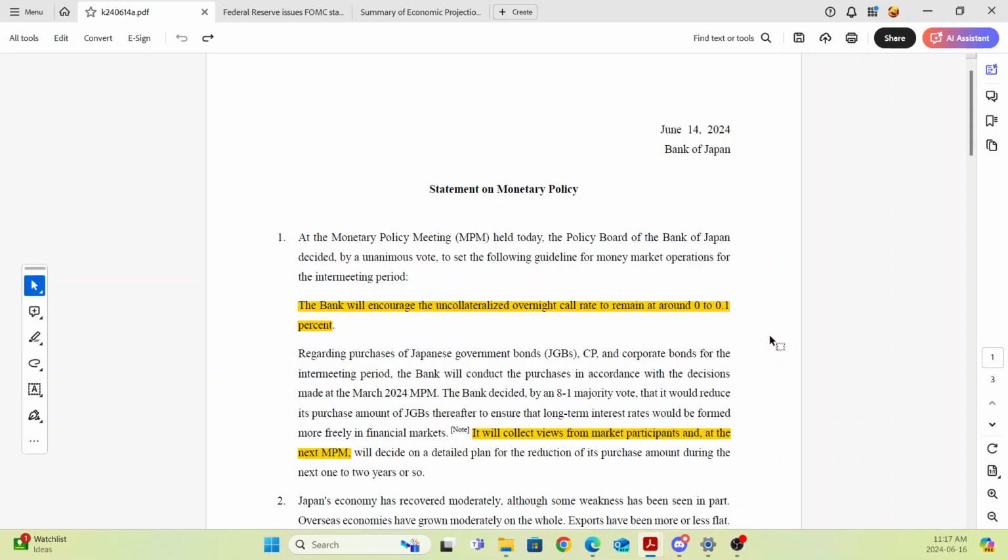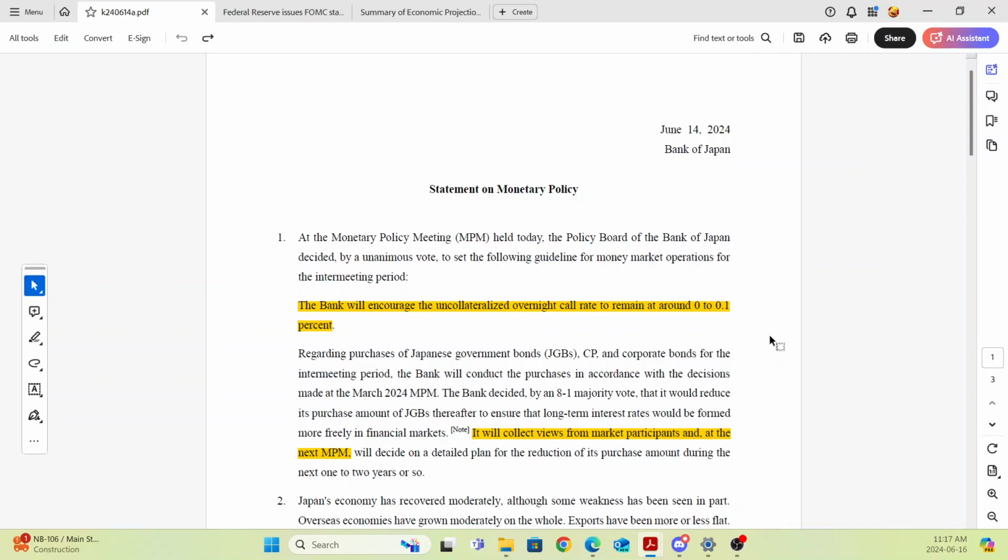So on Friday, the Bank of Japan came out and kept their rates where they are right now at 0.1%. So this wasn't something that I was looking to trade. However, the sole focus was on what they're going to do about their tapering program.